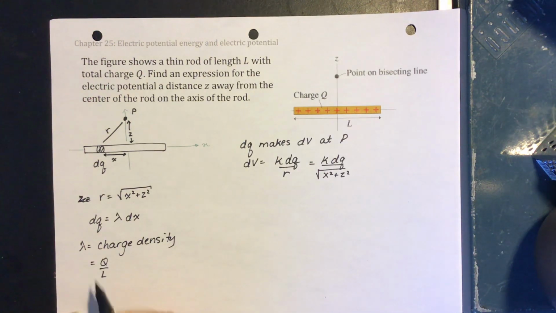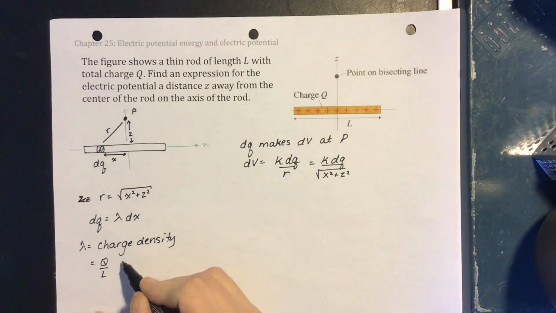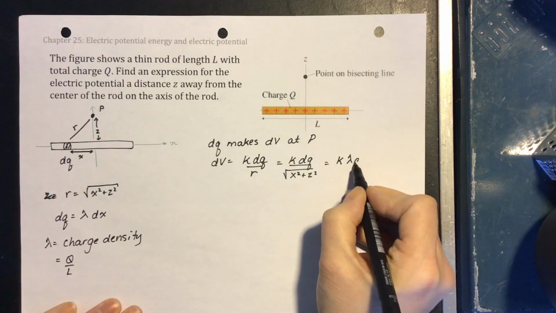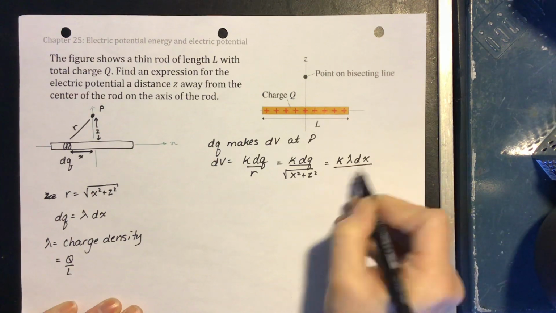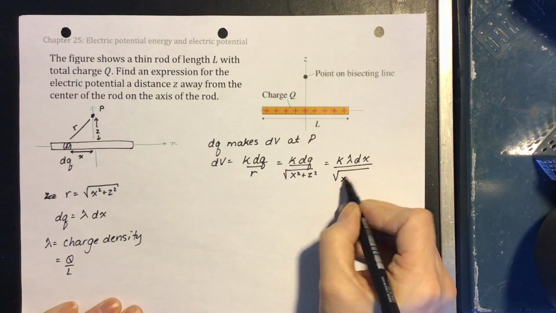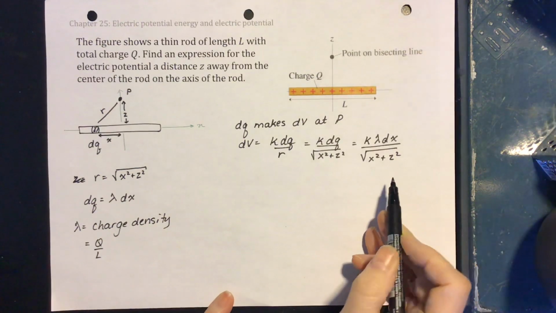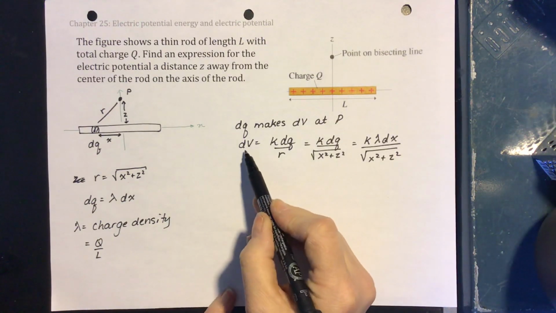So let's fill this in for our dq. So there's an expression for the small amount, or the element, of potential created by that small amount of charge.